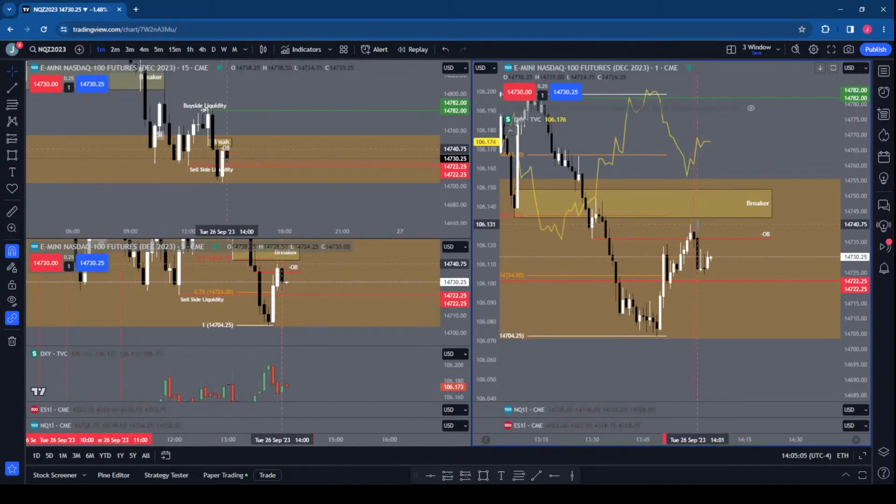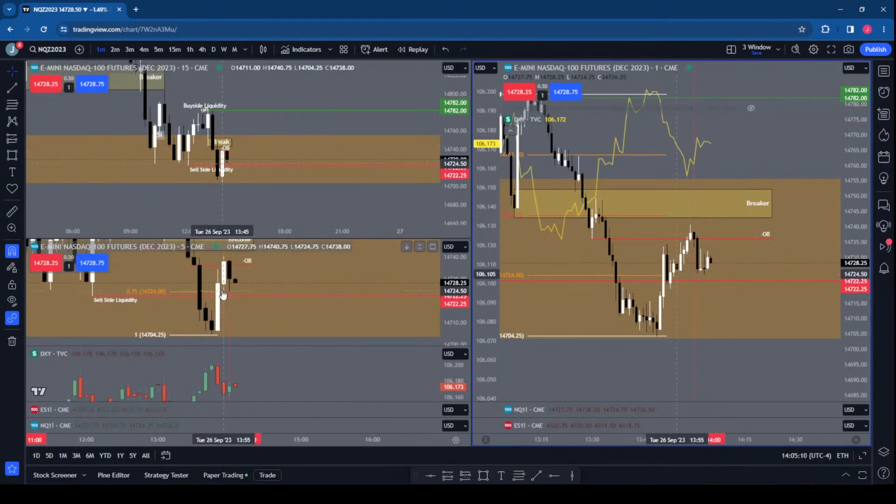So we just touched this order block. You can see on the 5-minute we kind of came down below this candle.